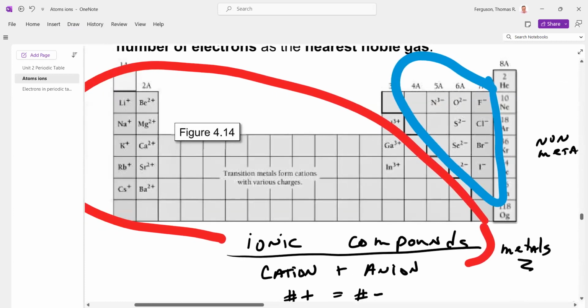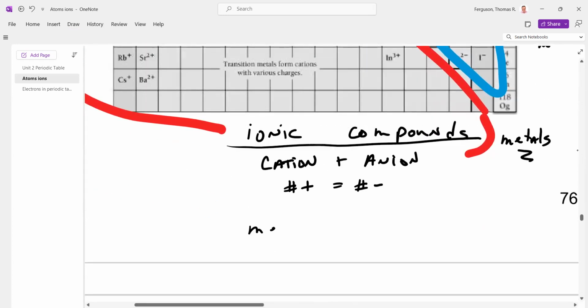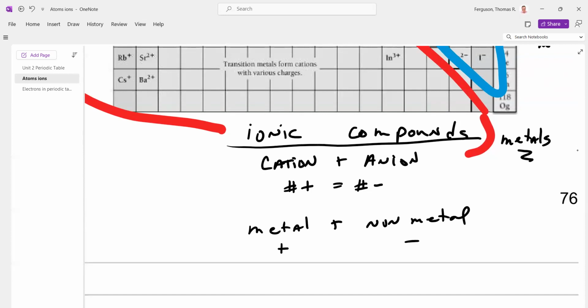And in blue are the nonmetals. So frequently ionic compounds are said to be a metal plus a non-metal. Metals are usually cations, nonmetals are usually anions. So that's one group of compounds, ionic. And there's a naming convention, which we're going to go into in Unit 3. There's a naming convention for ionic compounds that's not the same as for a covalent compound. So we're going to contrast ionic versus covalent.